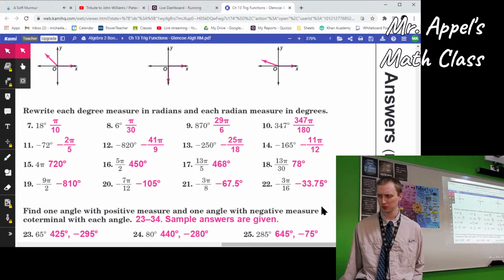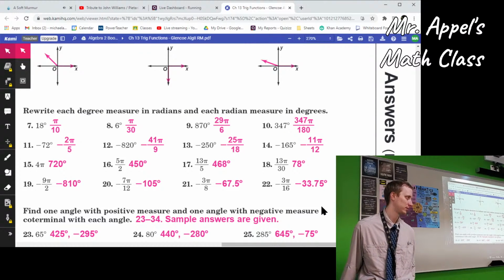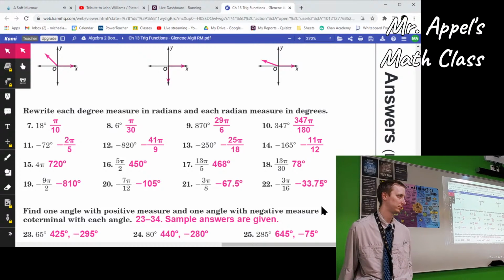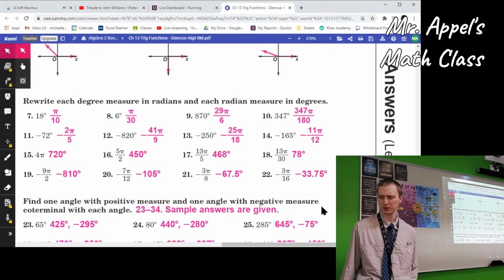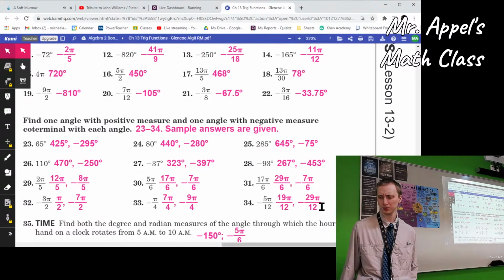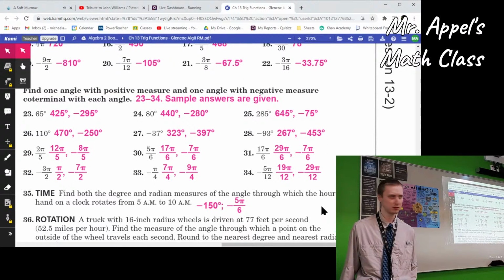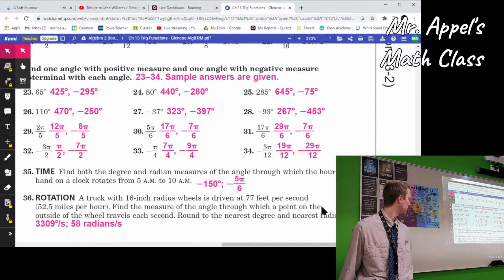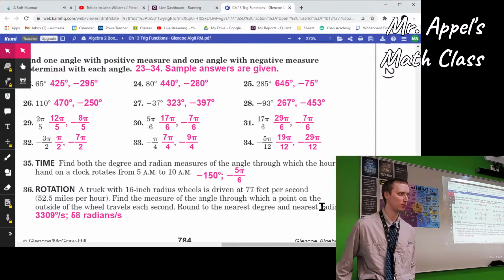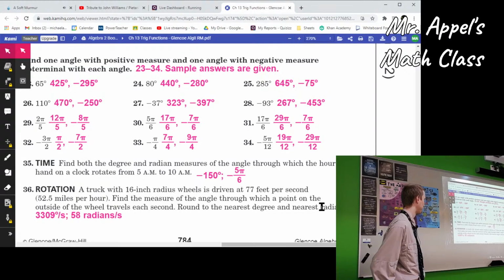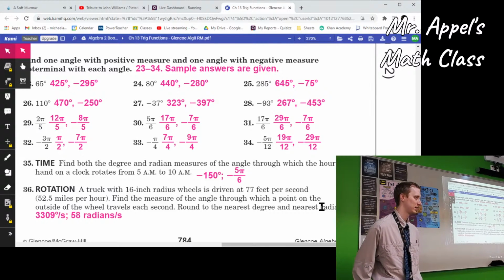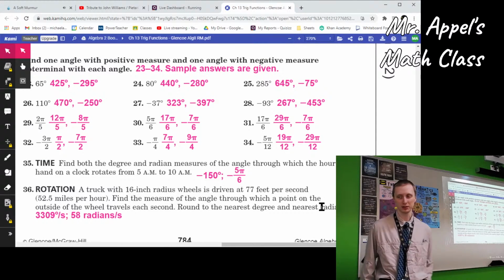Conversions. And coterminals. One more tick. There's the other word problem. Okay, any questions from here? No. That's okay. All right.